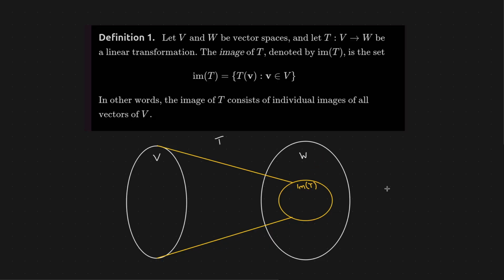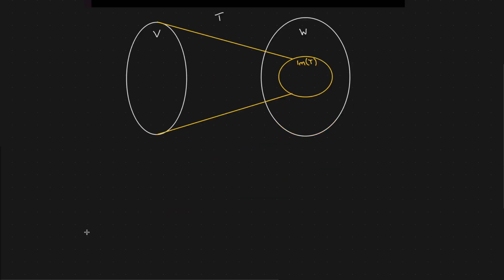Let me give you a simple example just so you can get a feel for this. Let's be concrete here. Let T go from R3 into R5, and let this transformation be defined by T of any vector x that we plug in is just the zero vector. The transformation that maps everything to the zero vector is a linear transformation.